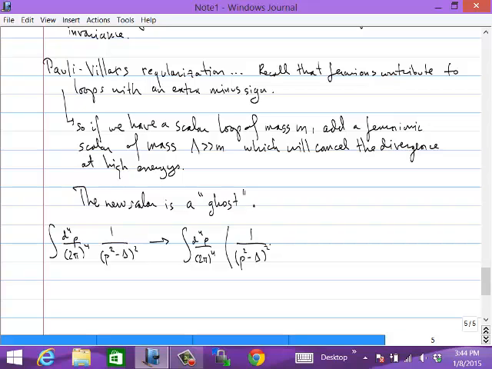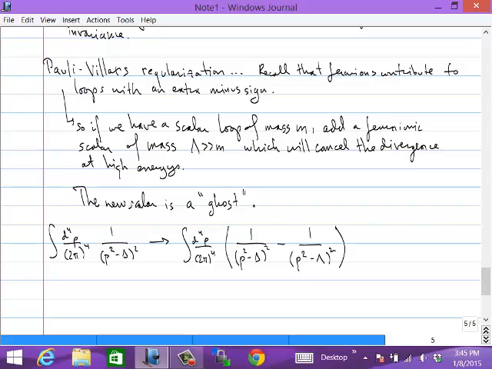And then we subtract off an analogous computation where you have a new particle with some mass lambda. So lambda here is just some parameter that we're adding in order to regulate the integral. And you can immediately see that this is going to make the integral finite, as long as lambda is finite.